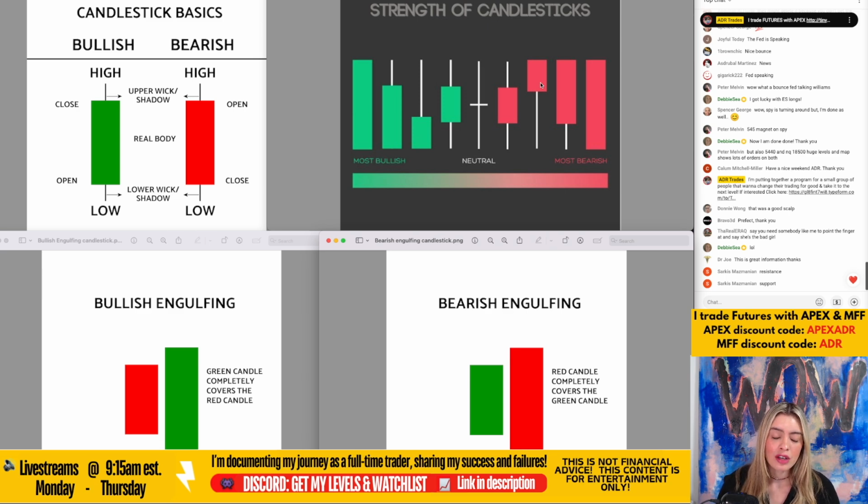Besides the big body, for me the most important thing when it comes to candlesticks is the wicks. I always talk about the wicks on the candlesticks. Why the wicks? Let's forget the most bearish and the most bullish candlesticks and only look at the ones in the middle.